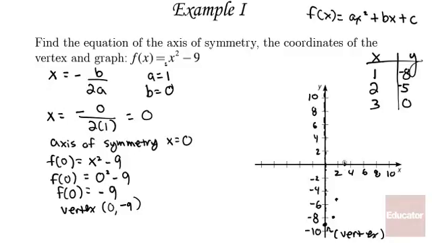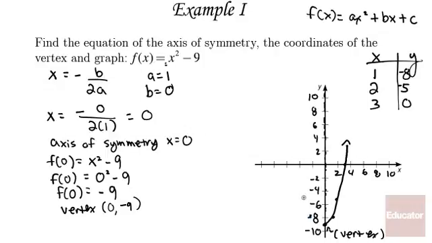Okay, now recall that the axis of symmetry can help me to graph. It can save me work because here I have some points on one side of the axis of symmetry, and that means that the other side I can just reflect across to get points that are mirror images.